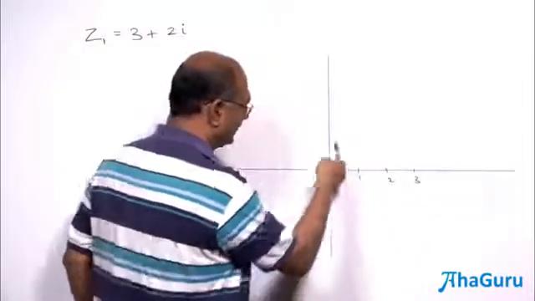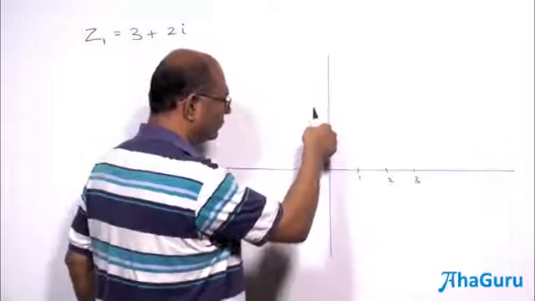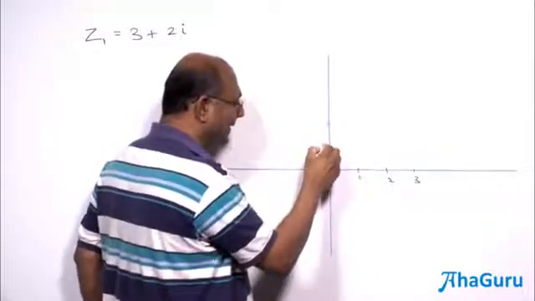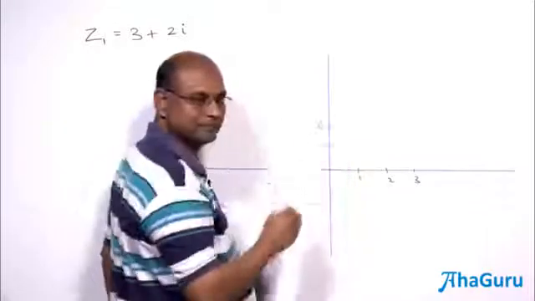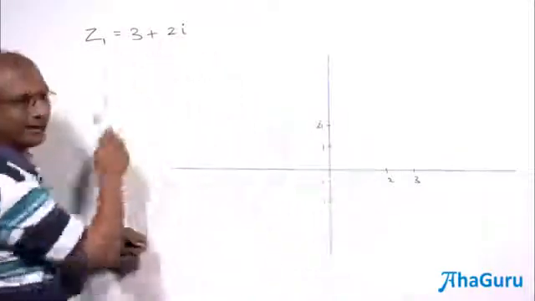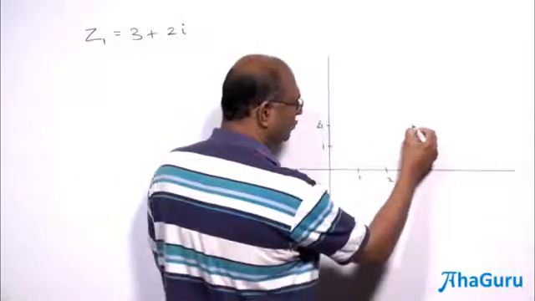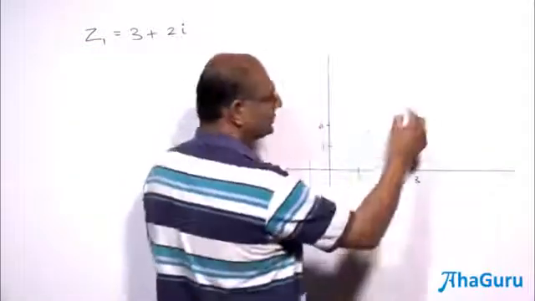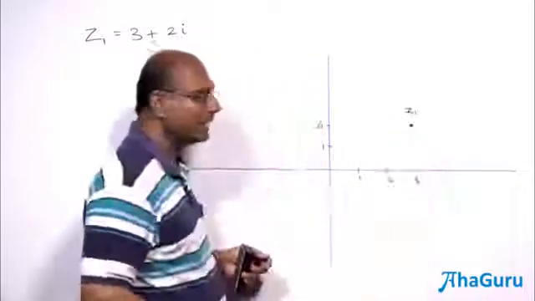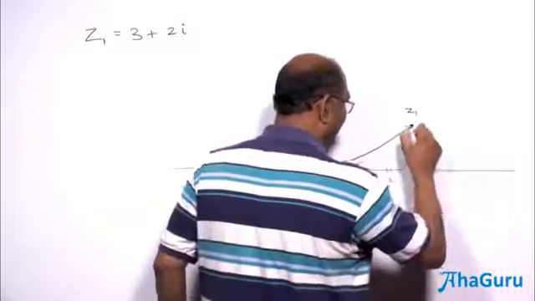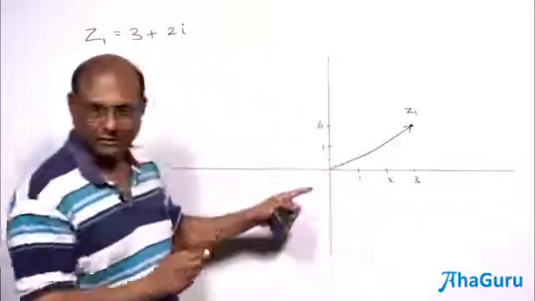Okay, and then similarly I have 1, 2. So this would be 2. Now that would be i and that would be 2i. So what is 3 plus 2i? 3 and then 2i that way. So 3 comma 2, that is this point. So this is Z1. I can think of this as an arrow like we said before from the origin to that point.